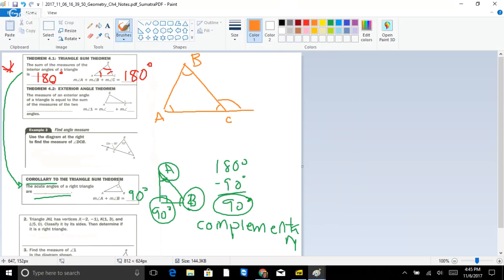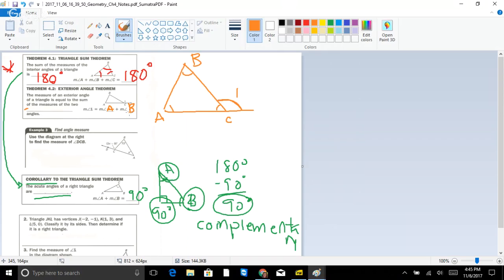And then we have an angle out here that we are calling angle 1. So this is the one that when we look at it first, it's like, really, is that true? But it is true, okay? So the measure of angle 1 is equal to the measure of angle A plus the measure of angle B.